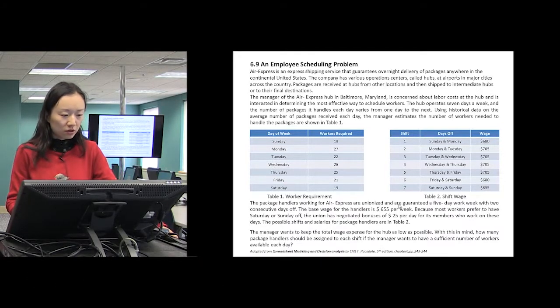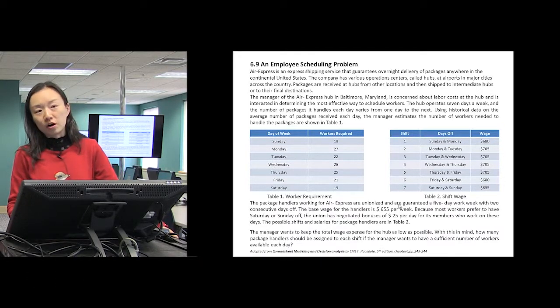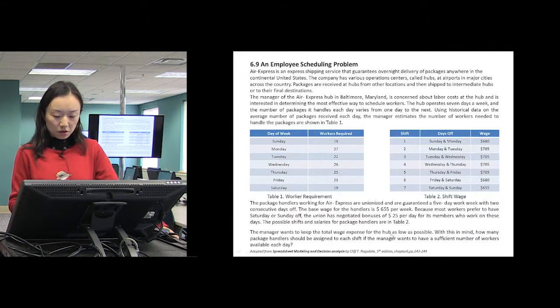This is called an employee scheduling problem. The decision is how many people to assign on each of those shifts. How many package handlers should be assigned to each shift?